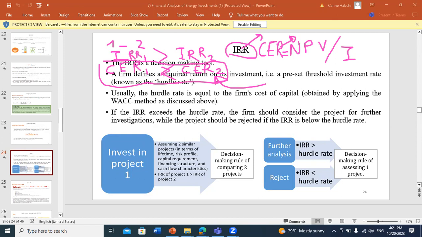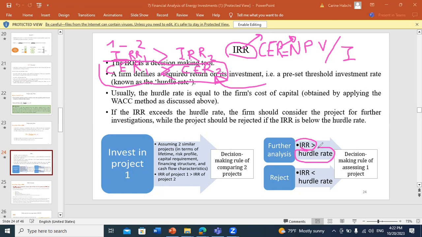Okay. So here we'll develop some tools to help us in the decision. In case we have just one project, and we want to see if we continue with this project or not, we should compare the internal rate of return with the WACC or the hurdle rate or discount rate. It has several names: hurdle rate, WACC, or discount rate.